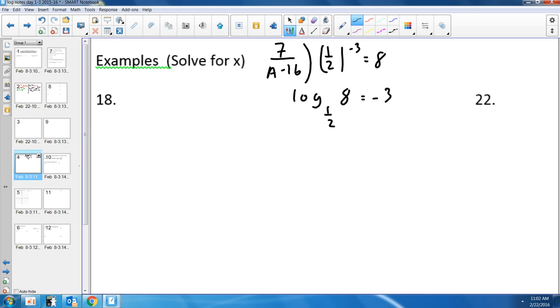Oftentimes in logs, you'll think about it: 1/2 to what exponent equals 8? 1/2 to the negative third is equal to 8. One reminder on negative exponents: to change the negative exponent into positive, you make the reciprocal of what the number is.